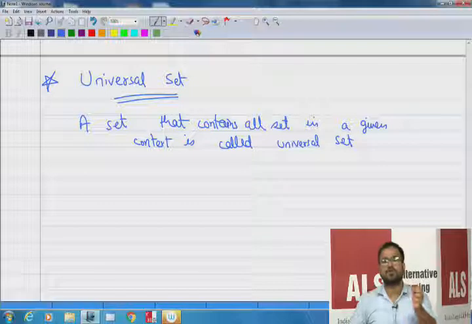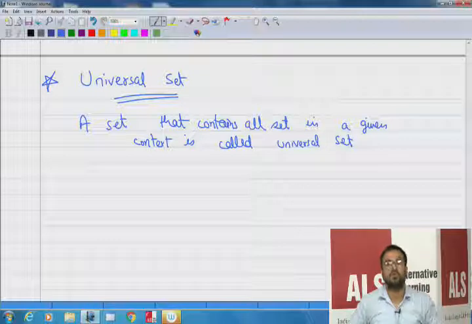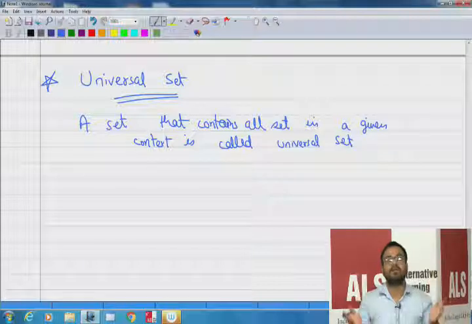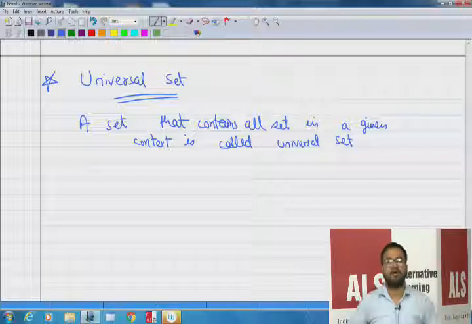If you are talking about the boys and girls of a particular class, then all the students of a school will be called the universal set. If you are talking about some set of natural numbers, some set of integers, some set of rational, some set of irrational, you can say the set of all real numbers will be the universal set. Or in a simple definition, you can say it contains all the sets in a given context.